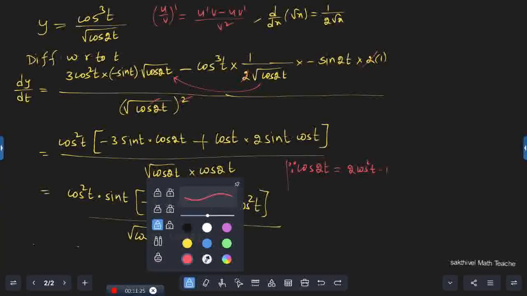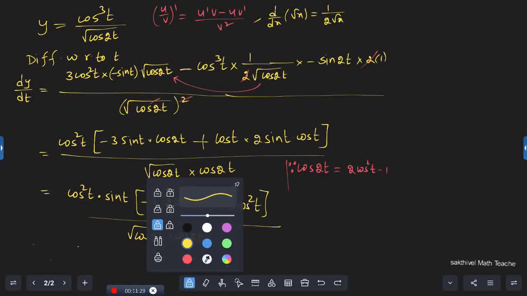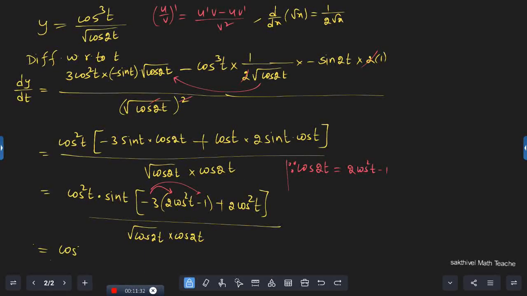Now the minus 3 you take, multiply inside. Let's see what we are getting. So cos square t into sin t, when I multiply the minus 3 inside, minus 6 cos square t, minus minus plus 3, plus 2 cos square t, whole divided by the denominator, what? Square root of cos 2t into cos 2t.